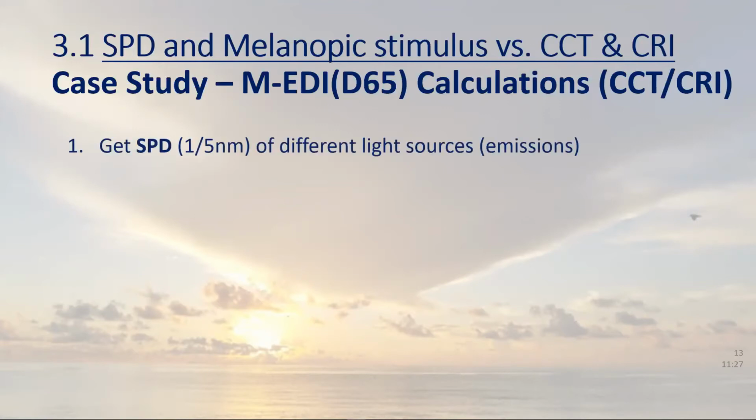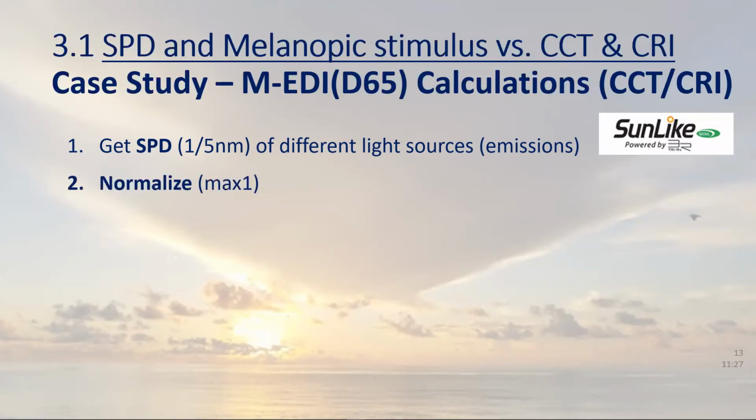So we will get the SPD in steps of 1 or 5 nanometers of different light sources. In this case, we are working with sunlight from Seoul Semiconductor, full spectrum. We will do a normalization, maximum 1 value, and then we will do 2 calculations.